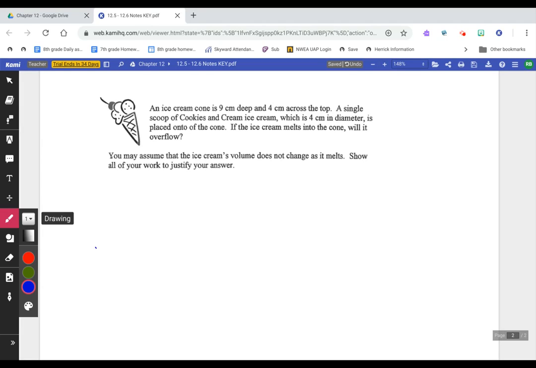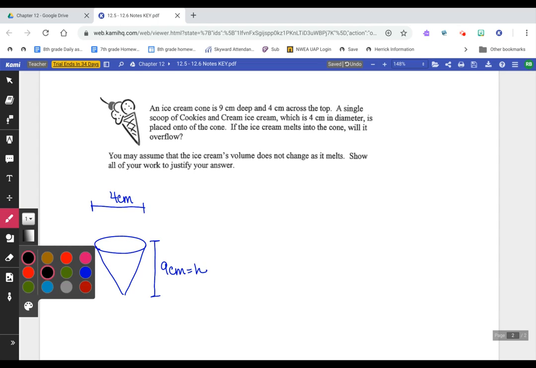So let's draw this cone. And 9 centimeters deep means that it has a height of 9 centimeters. And it has 4 centimeters across. So the diameter, we'll go up here, is 4 centimeters. A single scoop of cookies and cream ice cream, which is 4 centimeters in diameter, is placed onto the cone.